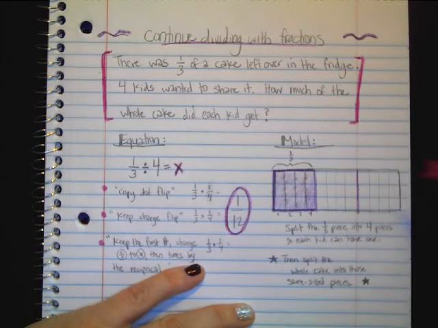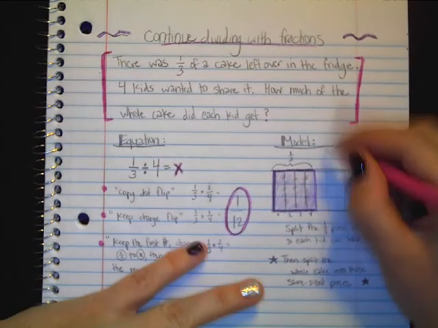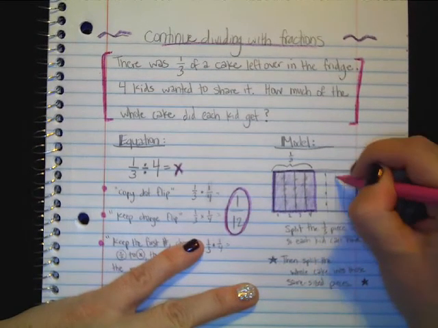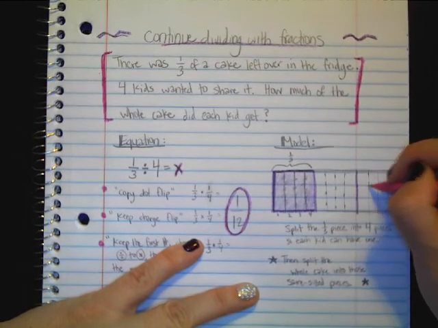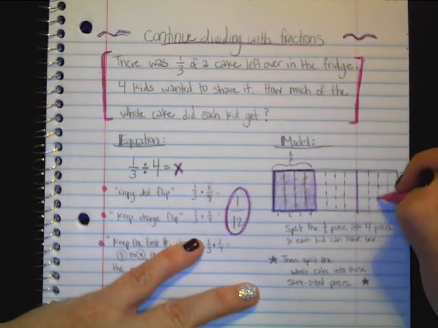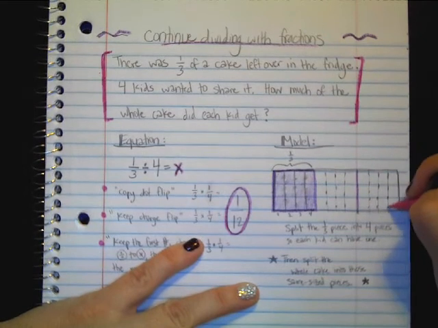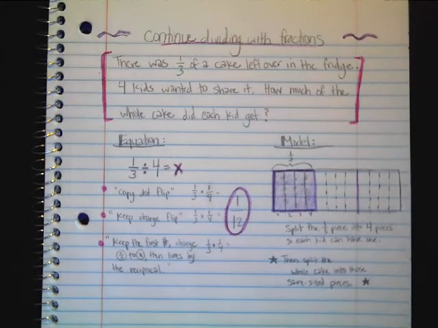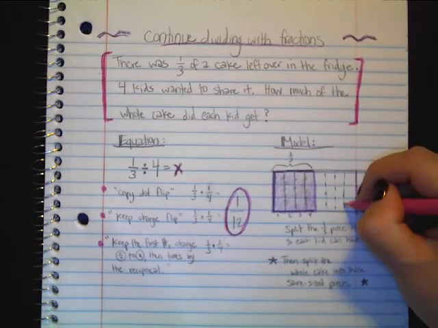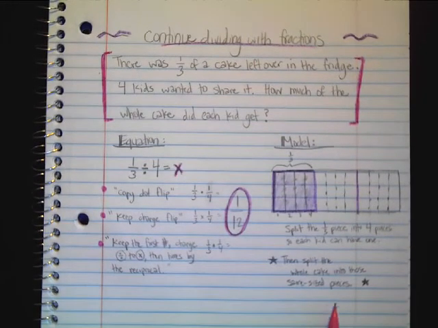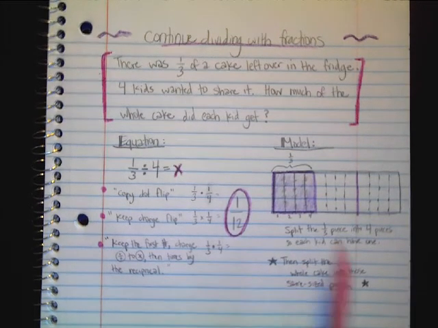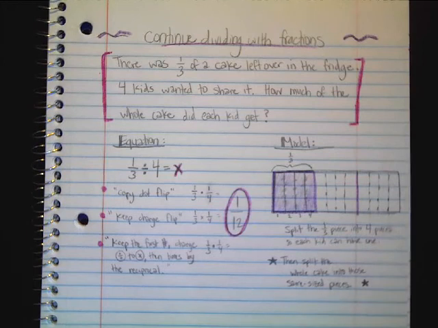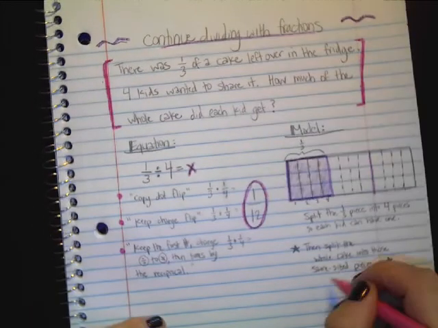So now I go, okay, well this one was cut into 4, so this other one has to be cut into 4 as well, and so does this one. So I hurry and do that. If you want, you can make them look like they're dashed lines, because technically that cake's not even there. But if it was there, this is the size pieces that it would be. Okay, so I've now cut the cake into equal size pieces. So this is to see how many there would have been. So then split the whole cake into these same size pieces.